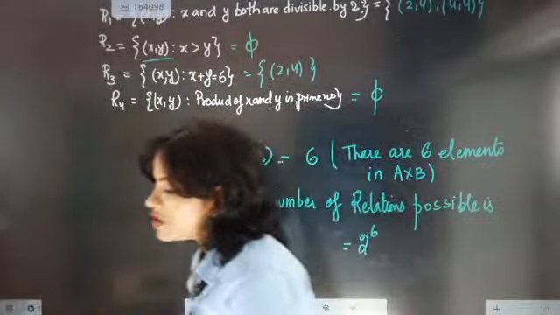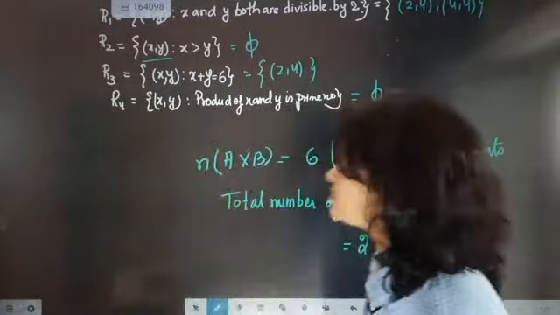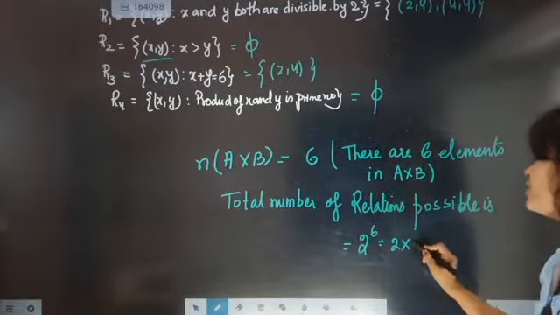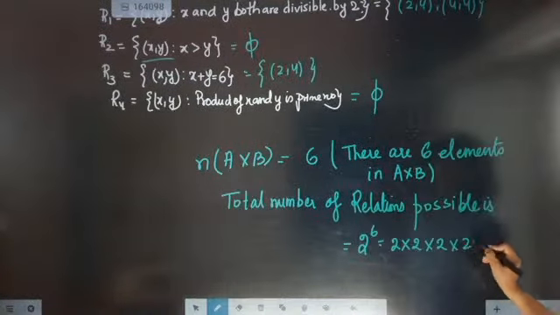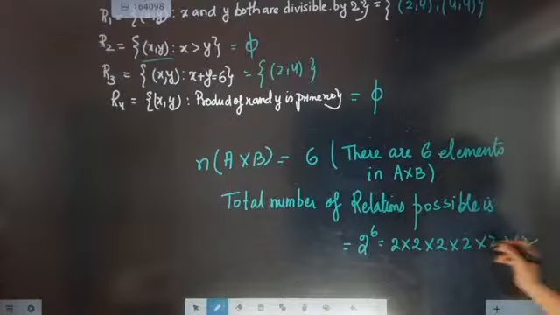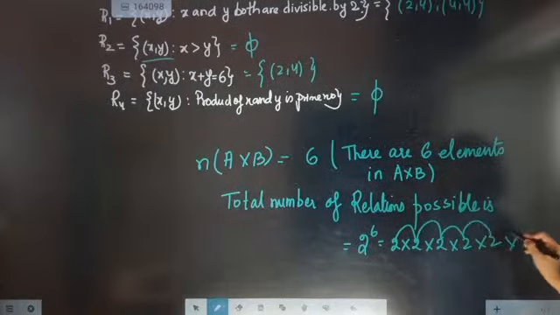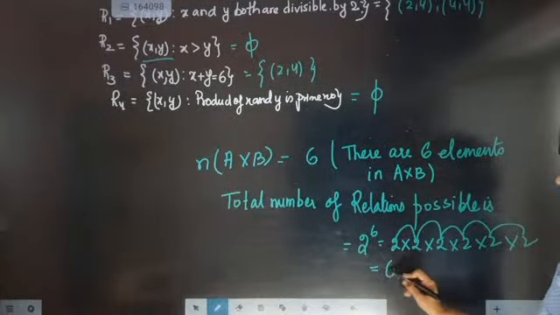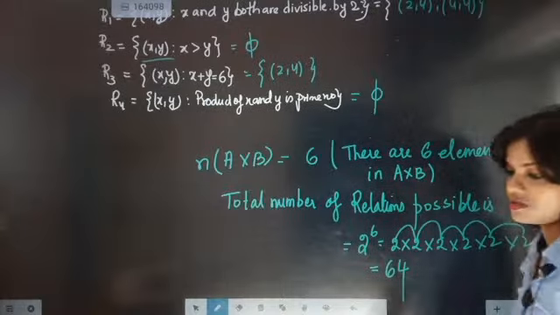Correct, Gopi? That becomes 2 into 2 into 2 into 2 into 2 into 2. 2, 4, 8, 16, 32, 64. So in total, 64 relations are possible.